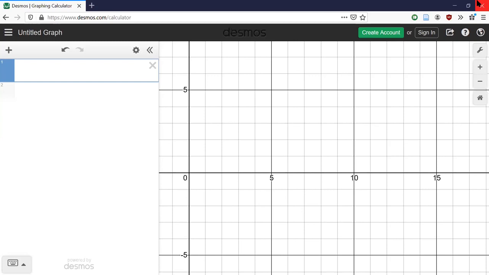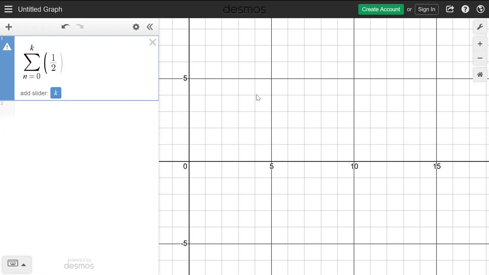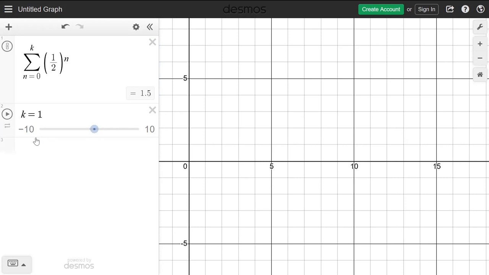So what I'm going to do is make this look at the sum. We're going to start at 0 and go up to some unknown k, and we're going to take 1/2 and raise it to that n power. So that's the series we're investigating.